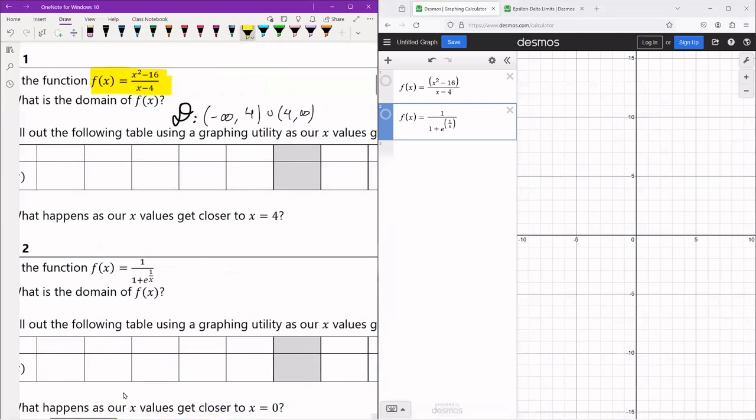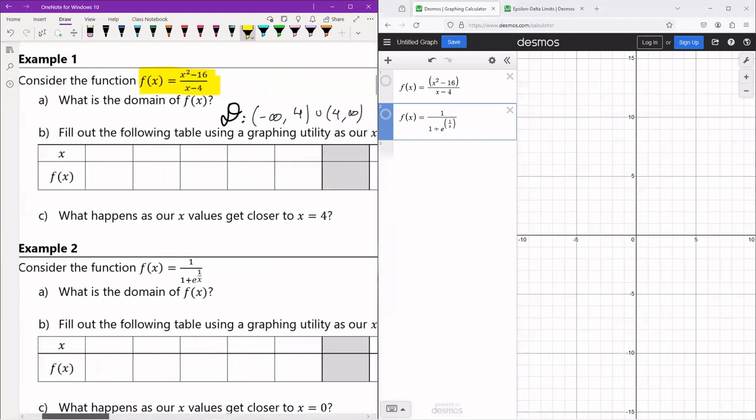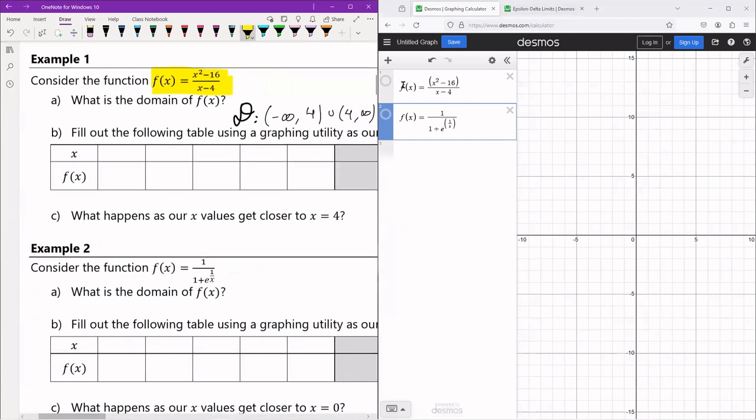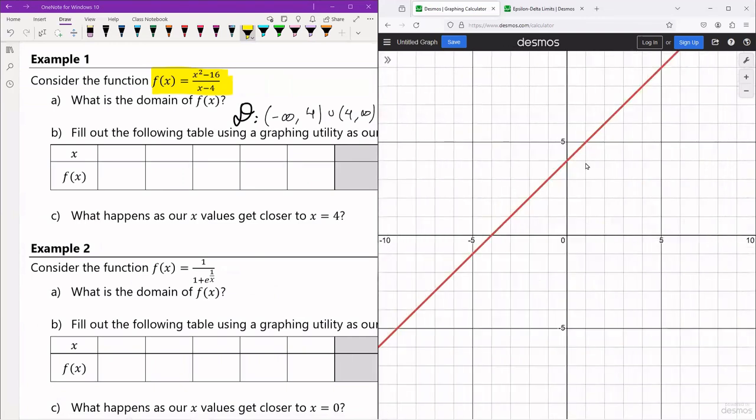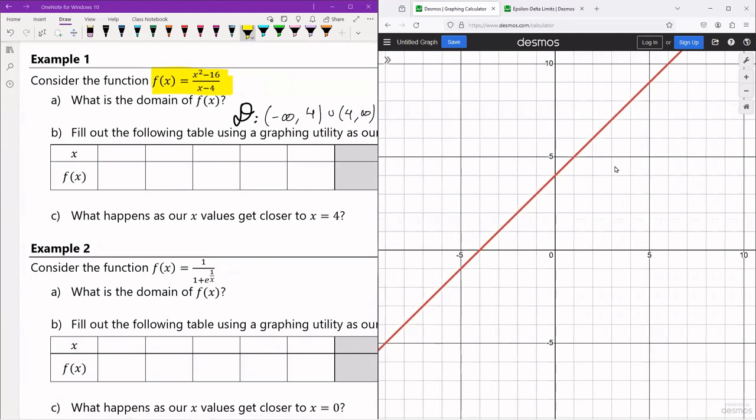Here is the graph for f of x. Now, remember how I said there's going to be a problem as we approach 4. If we get closer and closer to 4, notice that it says it's undefined, right? But I can analyze what's happening as we get closer to it.